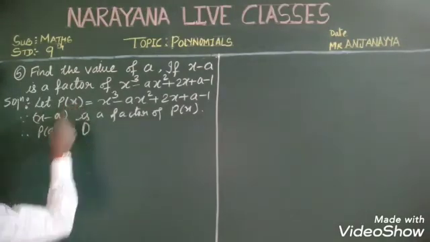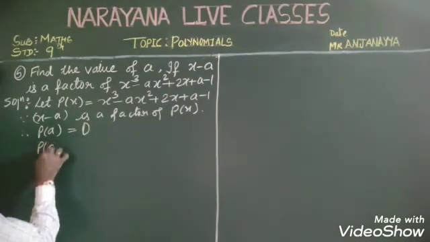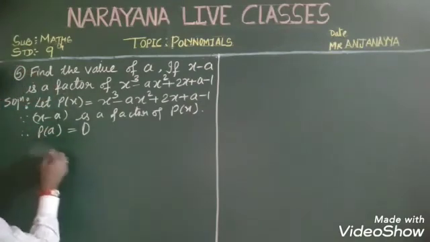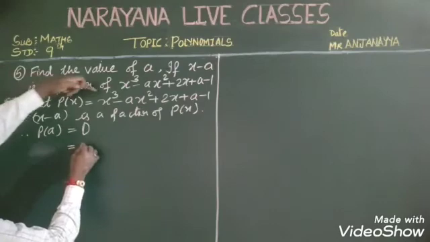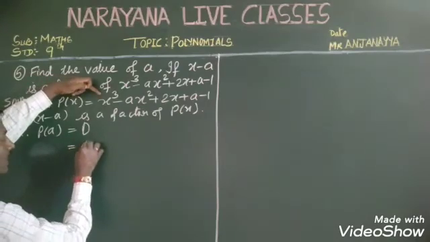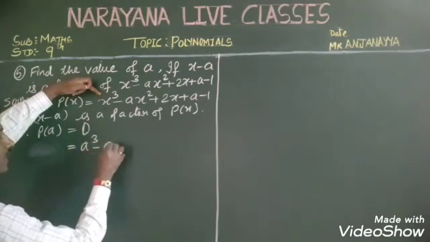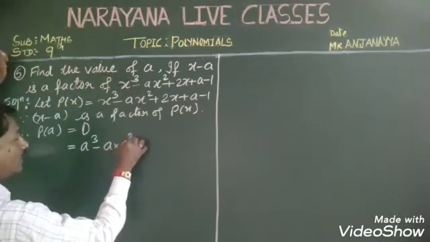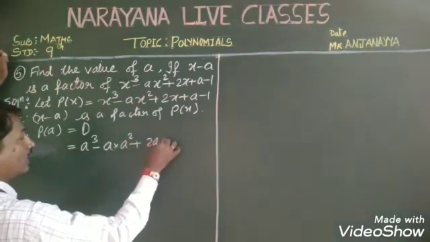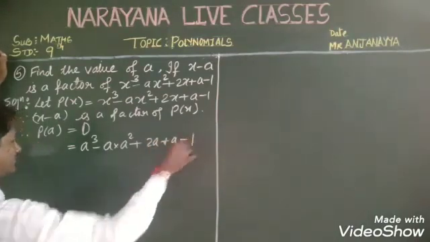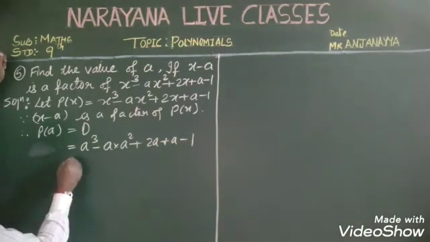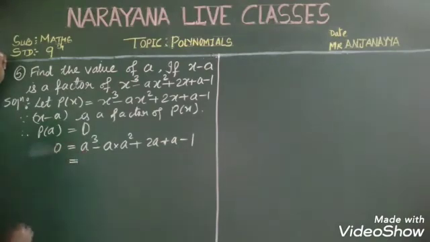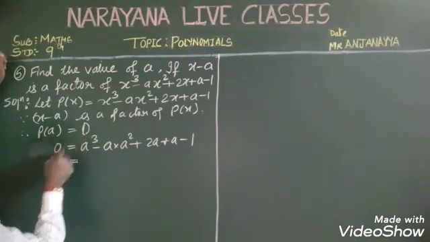So I substitute in this, so we get 1 cube minus a into 1 square plus 2 into 1 plus a minus 1. And we know the value of this is equal to 0.